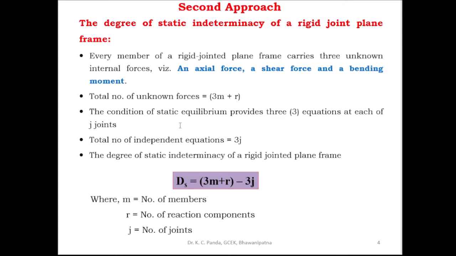But we know at each joint, in the case of a rigid jointed plane structure, there are three static equilibrium equations provided. The condition of static equilibrium provides three equations at each of the j joints. If j is the number of joints, then the total number of independent equations is equal to 3 into j.